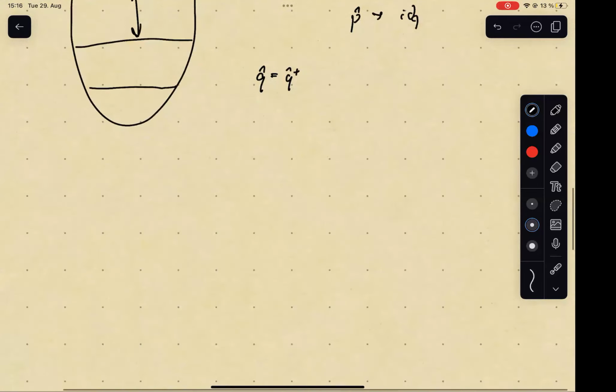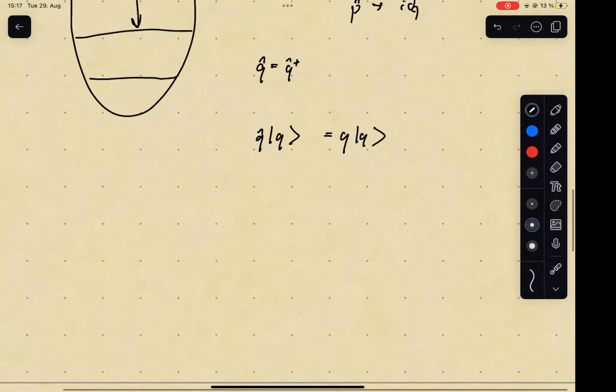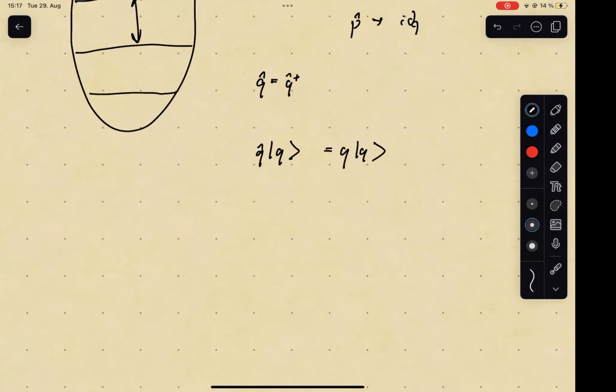Now let me define eigenstates, which are called Q, with eigenvalue Q. These are just labels for my eigenstates. Now, if I have two different positions, this is a bit nasty to show, but what else can I do?